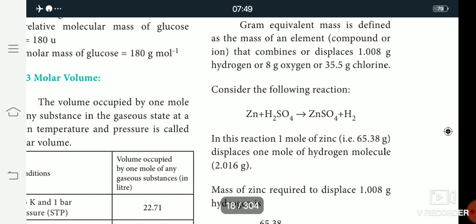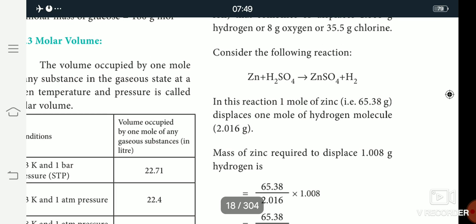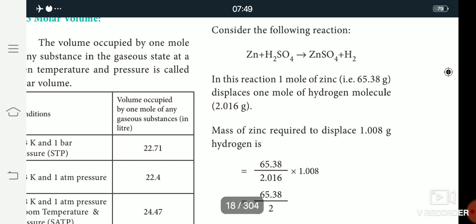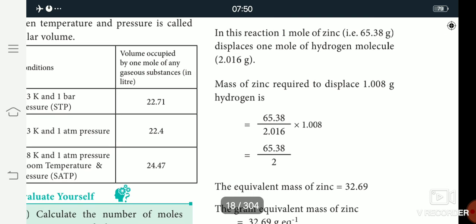Then the mass of zinc required for the displacement of hydrogen, so calculate the value: 65.38 divided by 2.016 into 1. So the equivalent mass of zinc is 32.69.